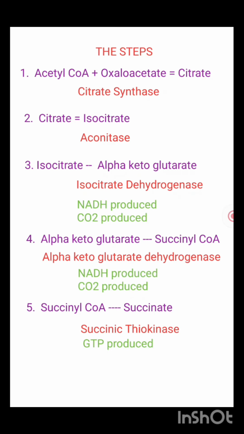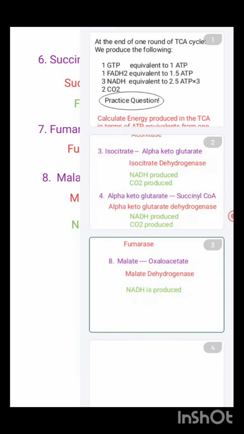Then in step 5, we have succinyl-CoA being converted to succinate. And here again, we appreciate the production of GTP, which is one of the things that we talked about in our summary. And the enzyme here is succinic thiokinase. Then we move to step 6.